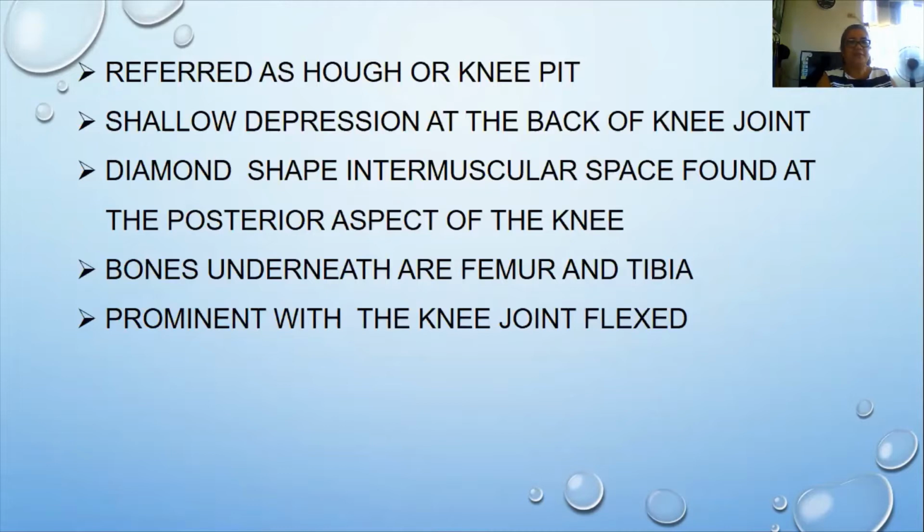And if you want to see the popliteal fossa more prominent, you can do this by flexing the knee joint, bringing your lower leg, although not completely, to your thigh.